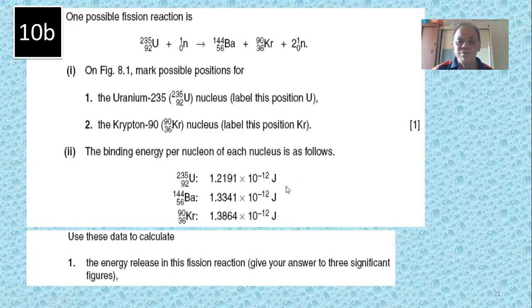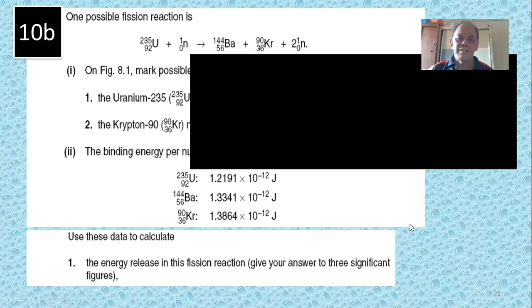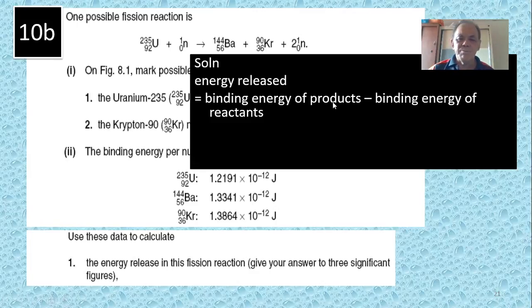We start with binding energy of the product minus the reactant. But remember, we must multiply by the number of nucleons. So energy release is binding energy of product minus binding energy of reactant.